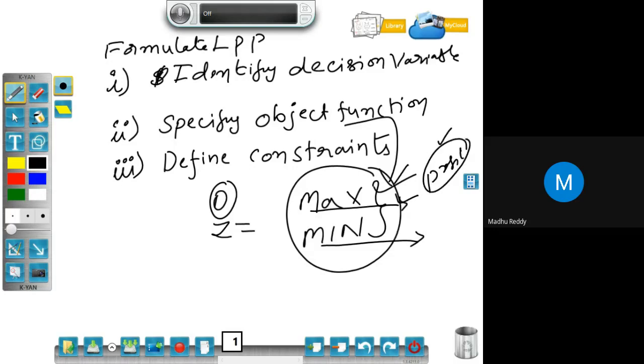Whenever you find words related to maximization, such as profit, yield, or increase, it will be a maximization function. Depending upon the problem, we specify whether it is maximization or minimization. So when will the minimization come?